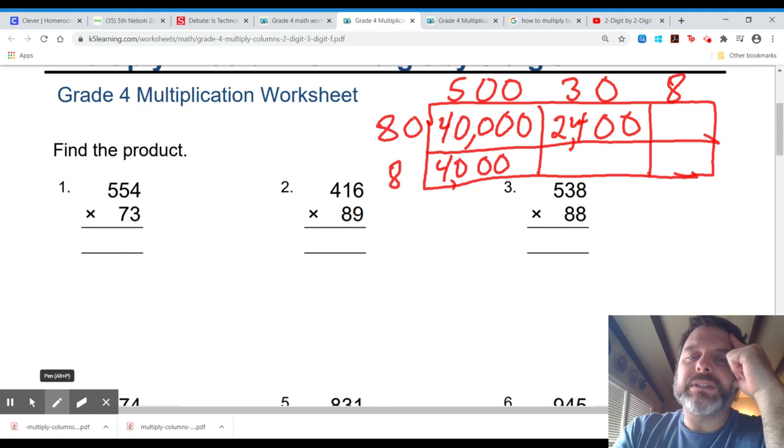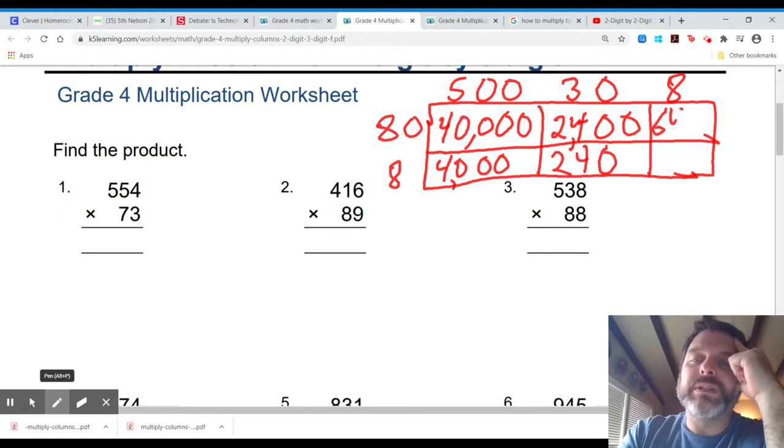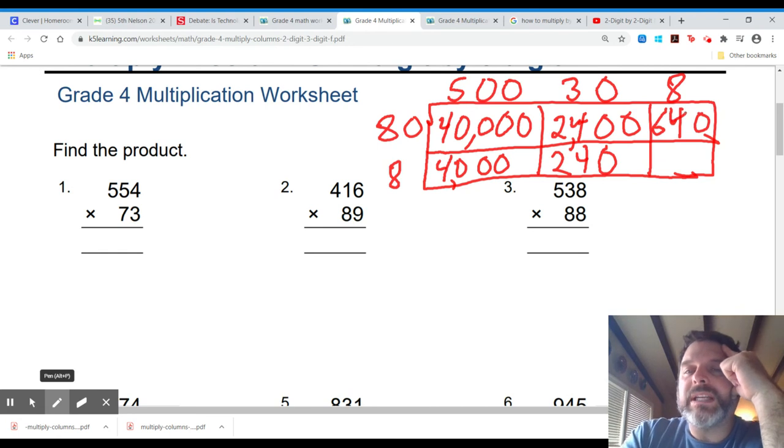And the next one is 8 times 3 again, which is easy. It's 24 again, so we're using a lot of 24s here. And then we add 1 0 for the 0 in 30. And then the last one, we have 8 times 8, and 8 times 8 is 64, and we have to add 1 0 because there's a 0 on the 80. And the last one is 8 times 8. And we already did that because it's 64.